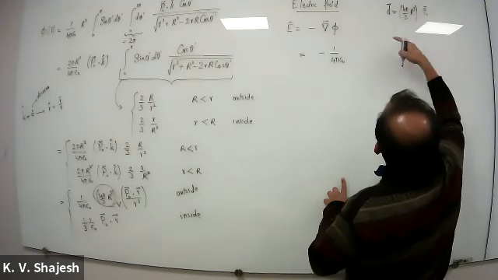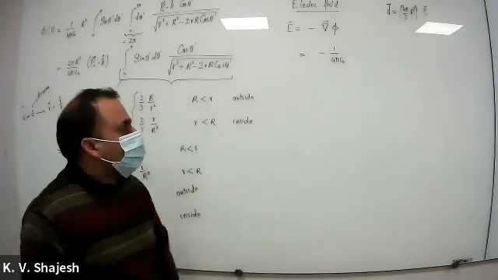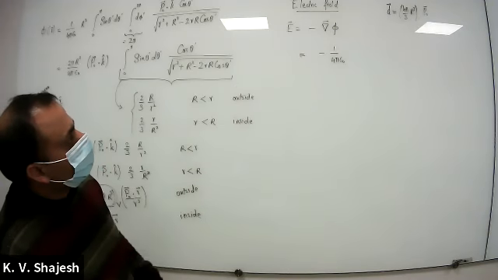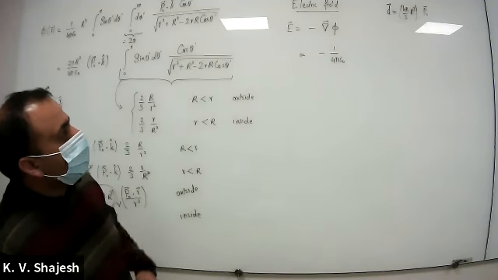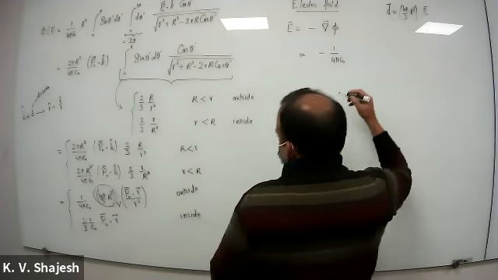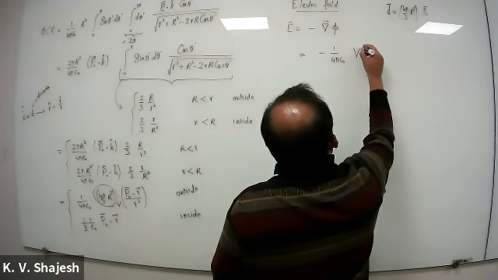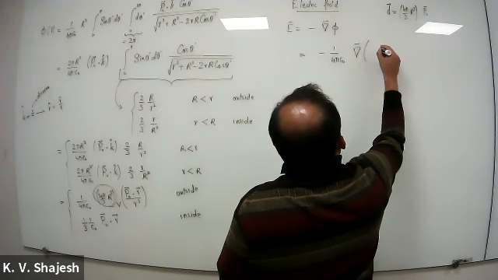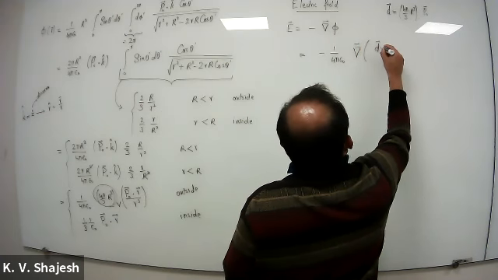P naught. So that's a dipole moment of that whole material, volume multiplied by the dipole moment density.